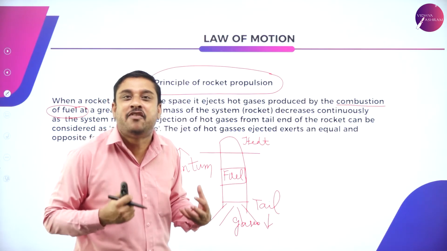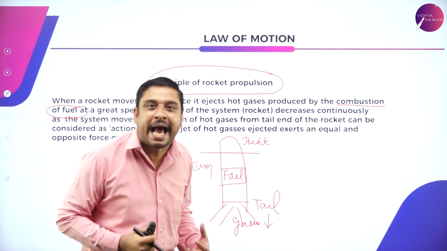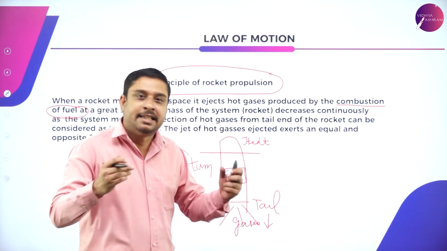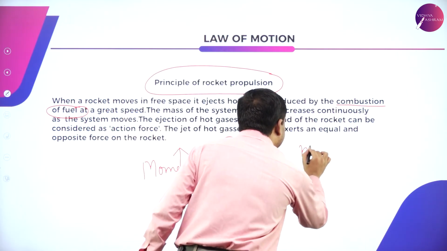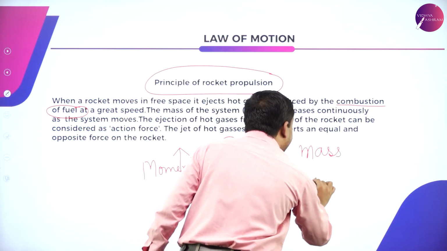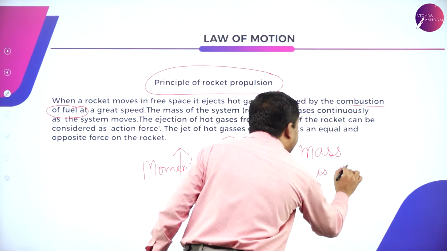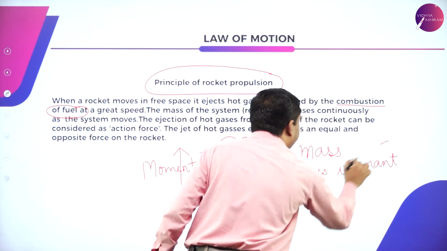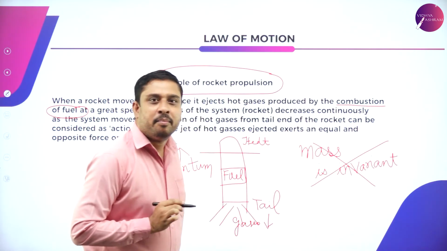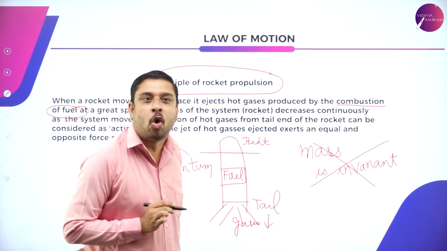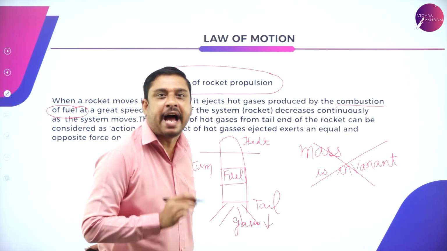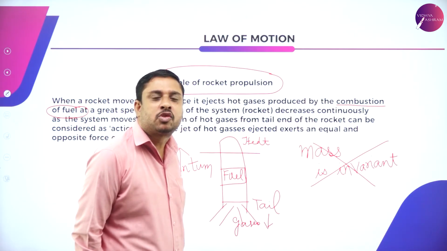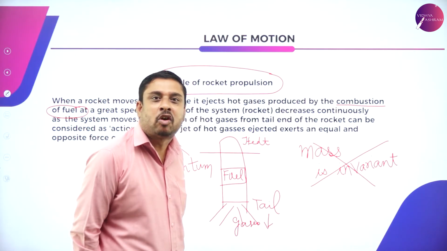My classical physics, Newtonian mechanics, is failing here. How? The very concept that mass is invariant doesn't hold good here. Classical mechanics, Newtonian mechanics, defined that under all conditions, the mass of a system should remain constant.